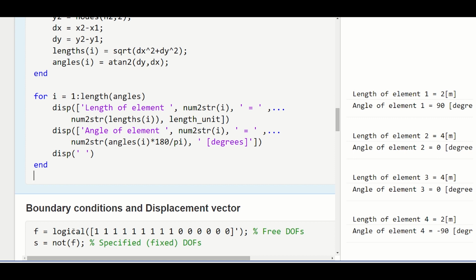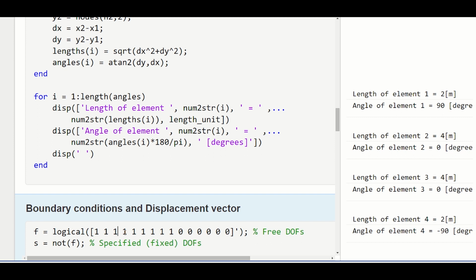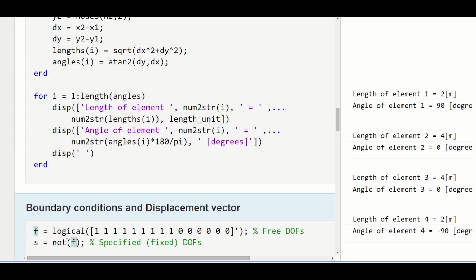I am creating this so that the first, second, third, 4, 5, 6, 7, 8, 9 degrees of freedom are my free vector, and the others are all 0, and then not-free is just the completely opposite of that.